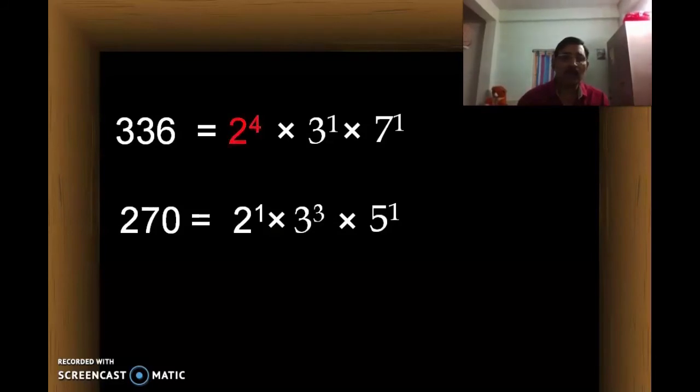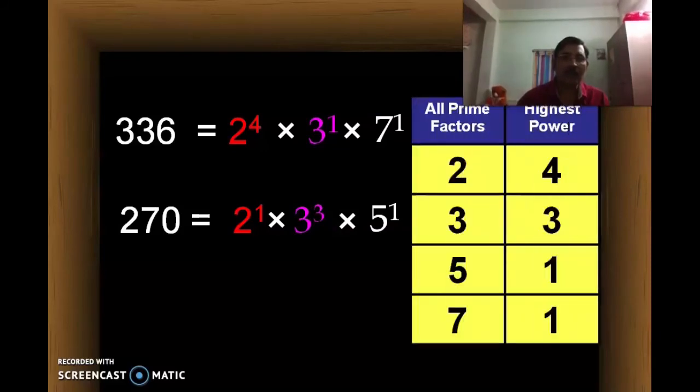Now, just like the previous one, identify what are the common prime factors. Then after that, here we consider all prime factors, not only the common prime factors. Means first we write down the common prime factors 2 and 3, then other prime factors in the first number, that is 7, and other prime factors in the second number, that is 5.